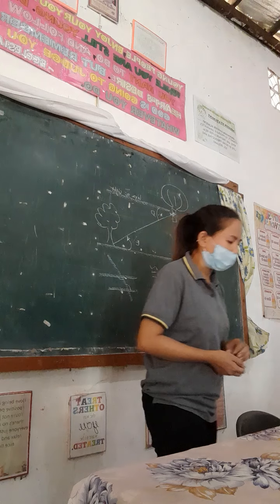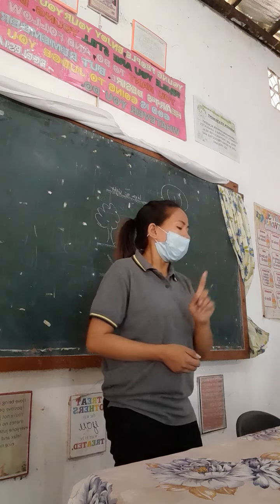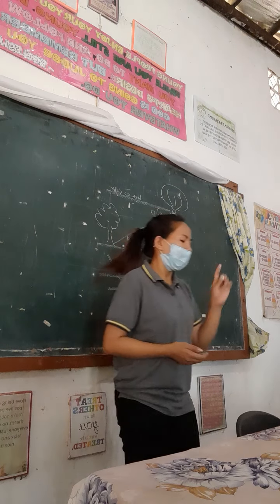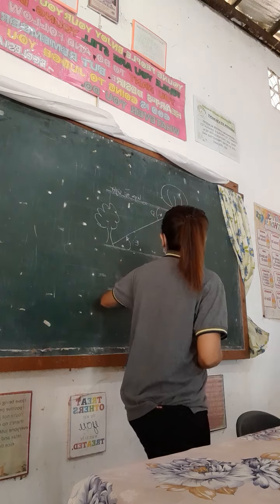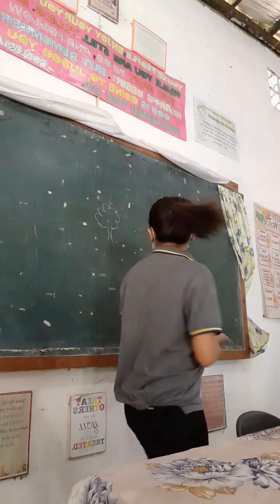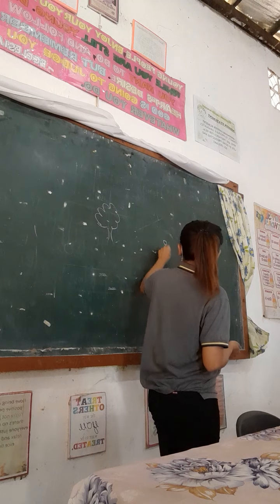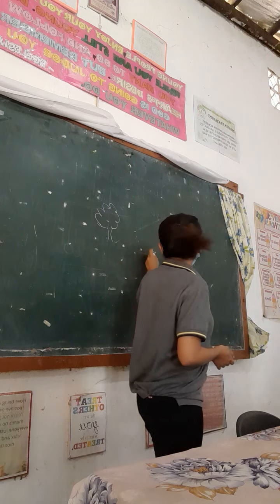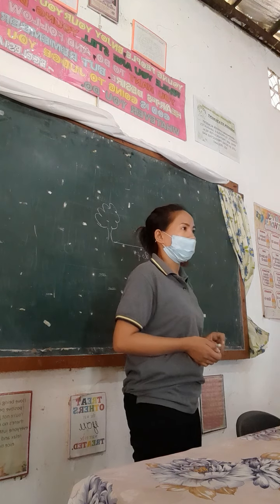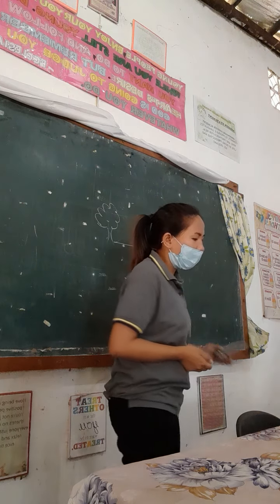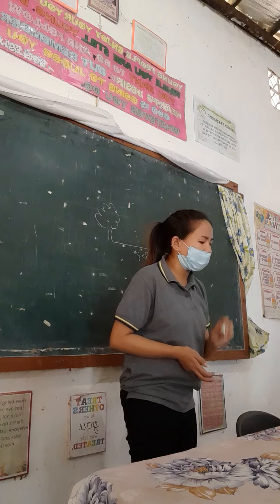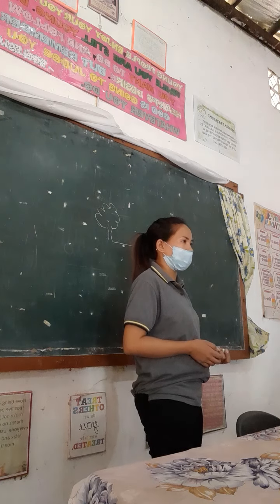Now, let's have this example. You are standing 20 feet away from a tree. We can say that this is the tree, this is you. You are standing here 20 feet away from the tree. Now, you measure the angle of elevation to be 38 degrees.